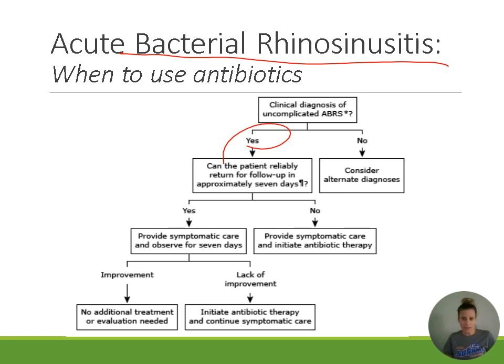If they cannot reliably return for a follow-up in about a week, so, for example, if your patient is a homeless patient or in some at-risk situation, or say they're a cash pay patient and they cannot afford to come back again for another visit, or for whatever reason, you don't think they're reliably going to return to you, or if there's some other risk factor that makes you concerned, you want to start antibiotics right now. Then we'll do symptomatic care and initiate antibiotic therapy now, because we know that this is bacterial.